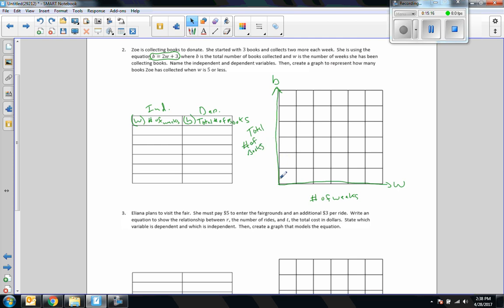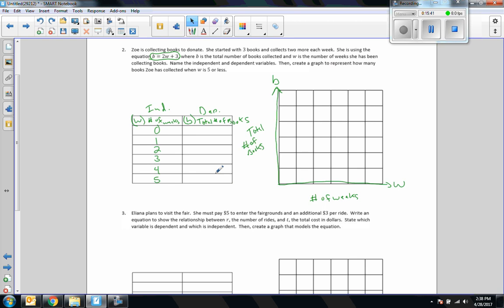Okay, so now I need to, it says when W is 5 or less, so 5, 4, 3, 2, 1, and 0. So we could collect no books in this case, or number of weeks 0, I guess.